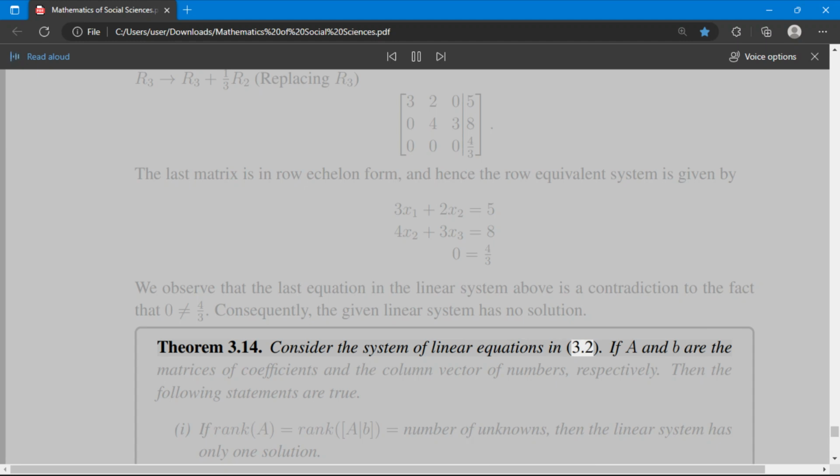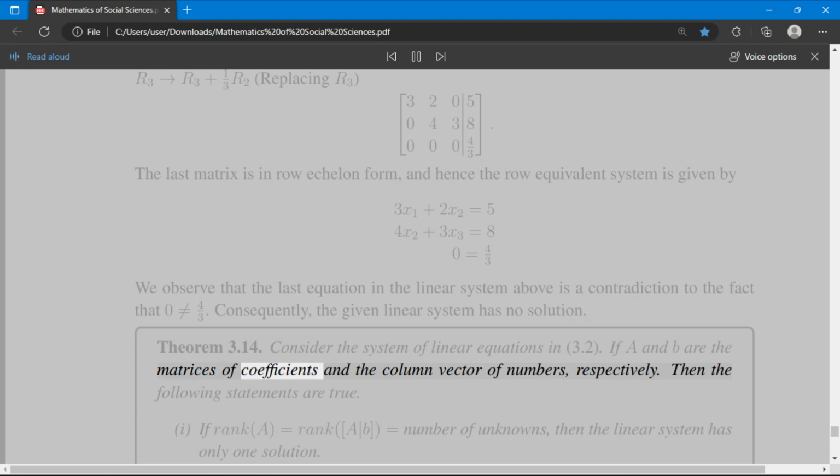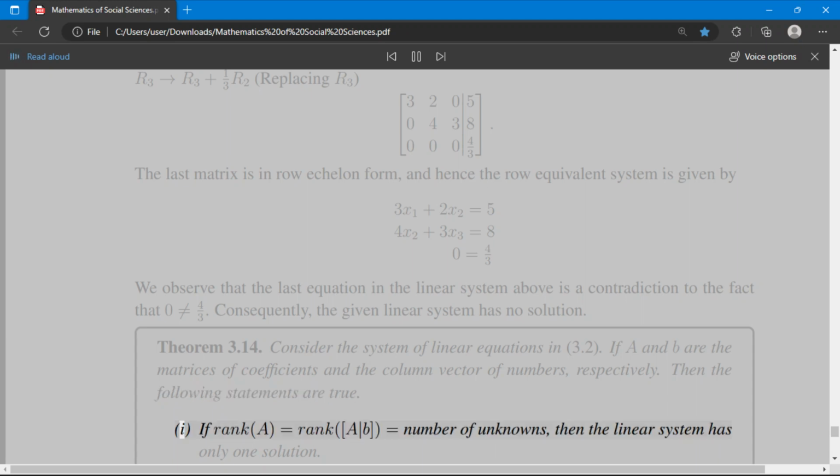Consider the system of linear equations in 3.2. If A and B are the matrices of coefficients and the column vector of numbers, respectively, then the following statements are true. 1.